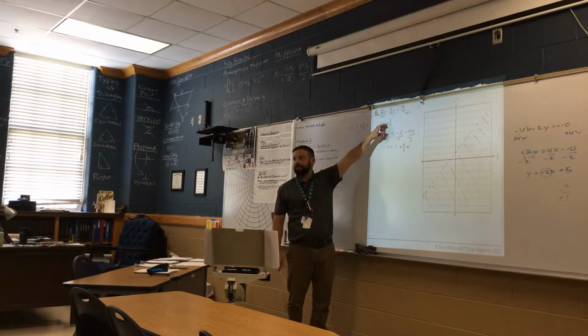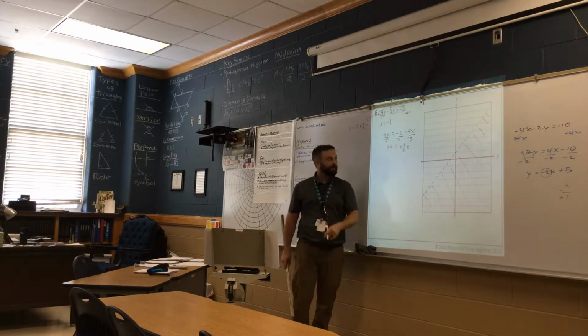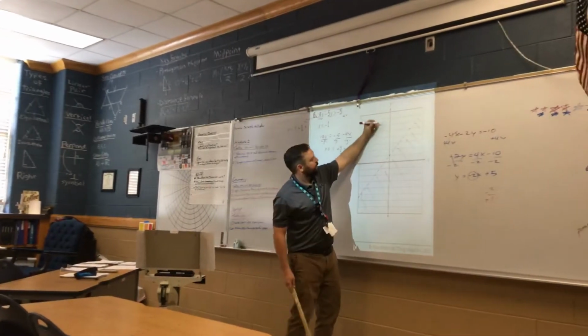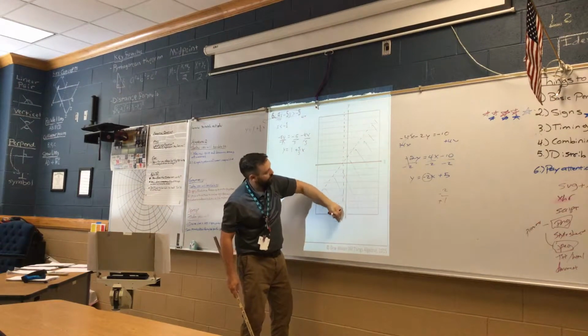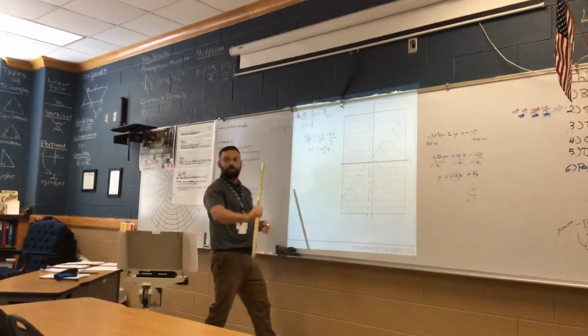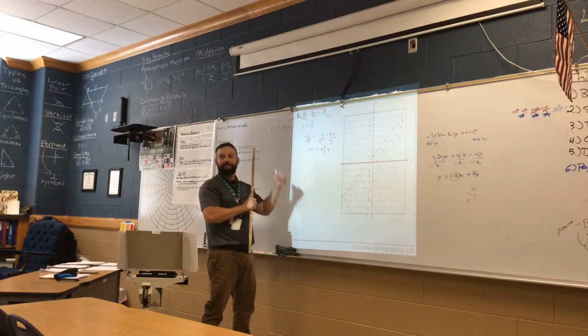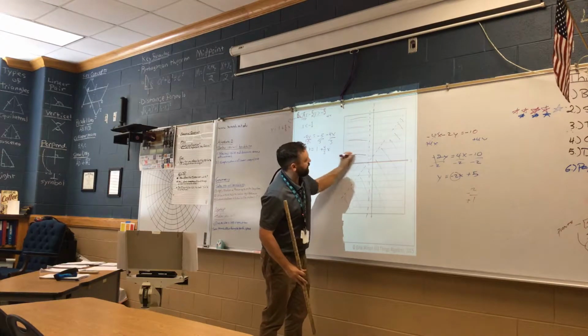This is a little bit sneakier. There you go. It's straight up and down. So it's a dotted line too, right? This way or this way? Okay, so it's shading all this way.